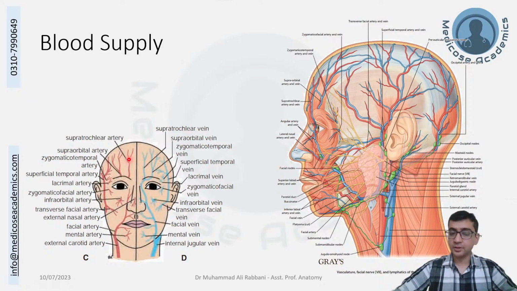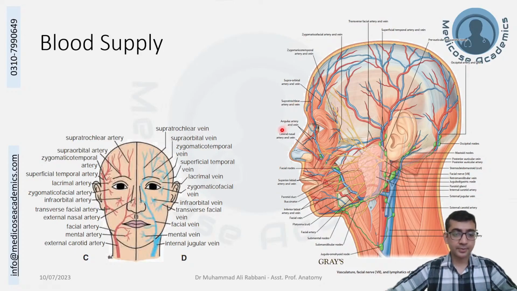Along with the supratrochlear will be the supratrochlear artery. Near the lacrimal nerve, that will be the lacrimal artery. From the two openings, zygomaticofacial and zygomaticotemporal, the same will be there. And we are left with the infraorbital artery. The point I am trying to make is that all the nerves we discussed coming out of the different foramina of the orbit will be accompanied by arteries of the same name.